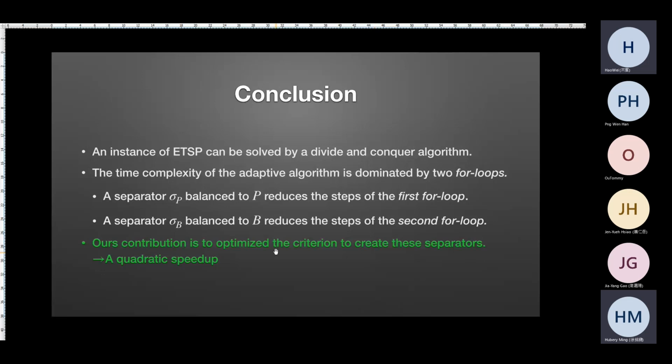Our contribution is to optimize the criterion to create this separator, and we obtain a quadratic speedup compared with the previous algorithm. This is the end of my talk. Any questions?